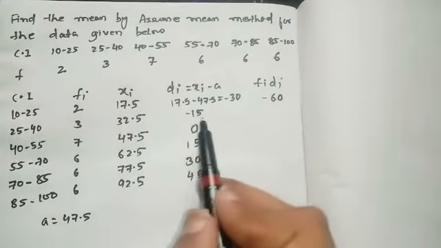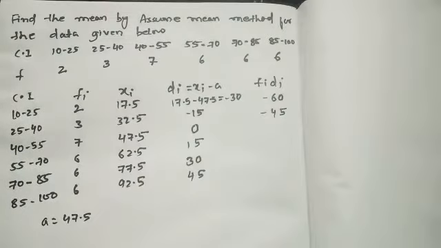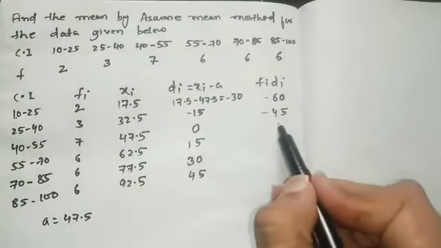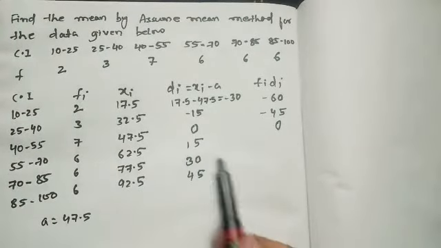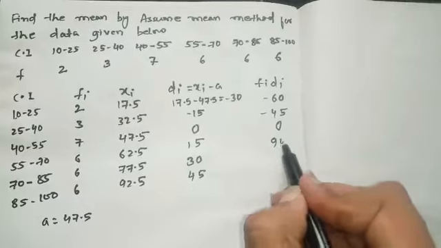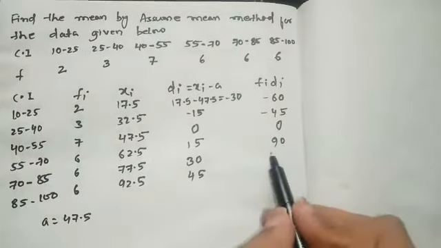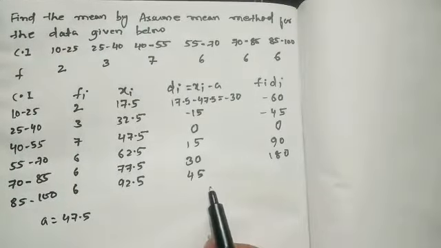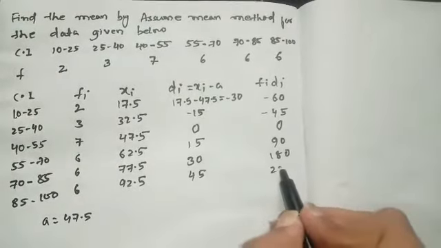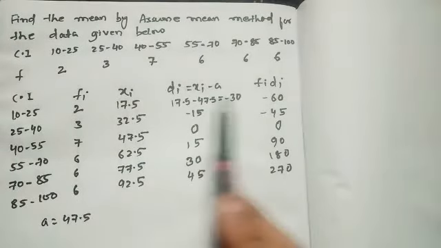Then 3 into minus 15 will be minus 45. 7 into 0 will be 0. 6 into 15 will be 90. Then 6 into 30 will be 180. Then 6 into 45 will be 270. Okay, we multiply fi into di.